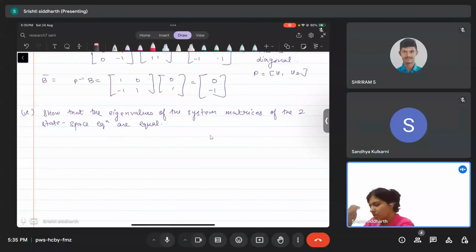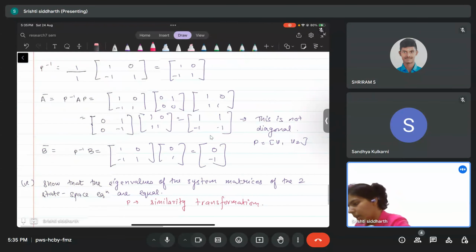So in this case, when P is not written using the eigenvectors, however, the eigenvalues are the same, then P is called the similarity transformation. So this kind of transformation preserves the eigenvalues of the system and consequently the true nature of the system.